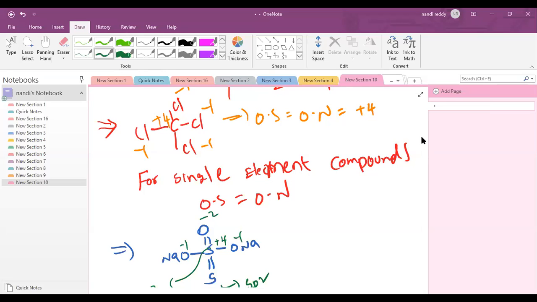I told very clearly that oxidation number and oxidation state are the same for single element compounds, which we already proved. I proved it with respect to CCl4, both are the same number. And hybridization sp2 and sp3, we are going to calculate in chemical bonding.